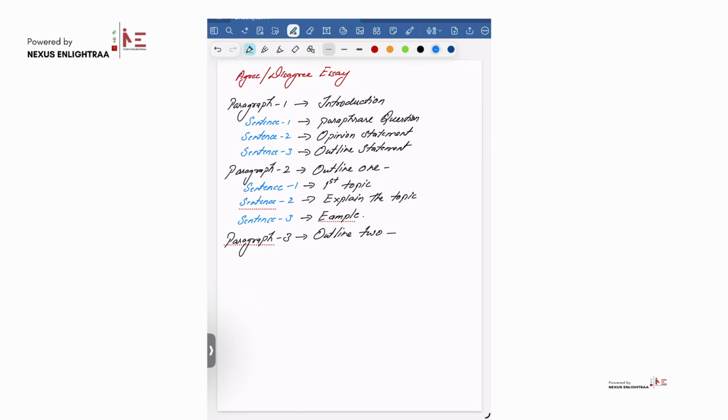So you come to sentence 1 in here, and that is your second topic. Sentence 2 is your explain it.